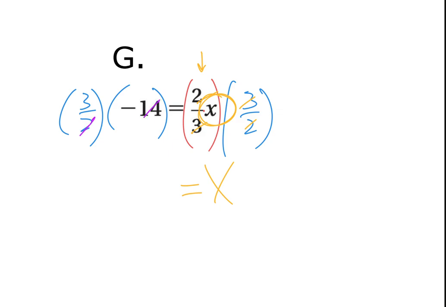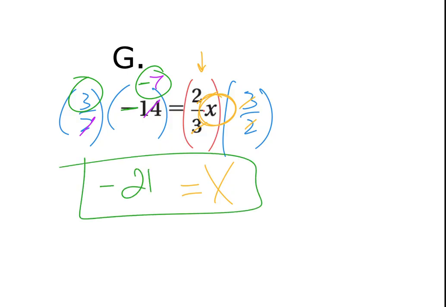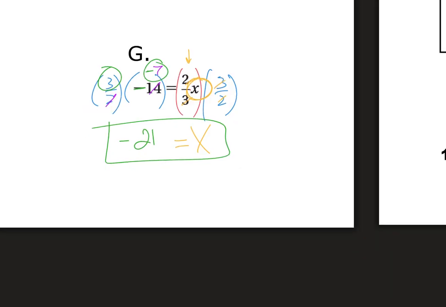This 2 can cancel that 14 and make it 7. So now what we're going to do is 7 times 3, actually negative 7, because of that negative, and we get negative 21. If you didn't see that and you went ahead and multiplied 3 and 14, you would have gotten negative 42 over 2 equals x, and it would have turned into that, okay?